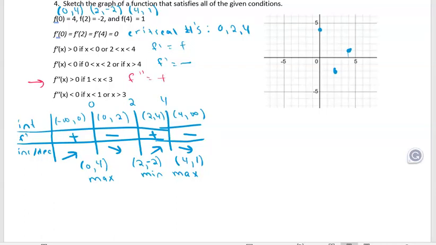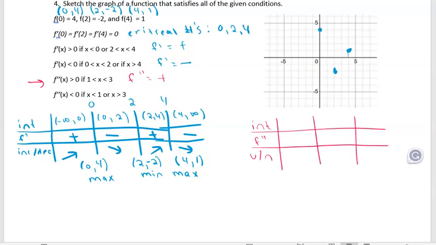I'm going to do my second derivative test over here. So I have my interval, I have my second derivative, and we'll be looking at concavity. Well, it's giving me some information here. It's told me that we have 1 and 3 as an interval. So that means I have to have another interval from 3 to infinity and another interval from negative infinity to 1.